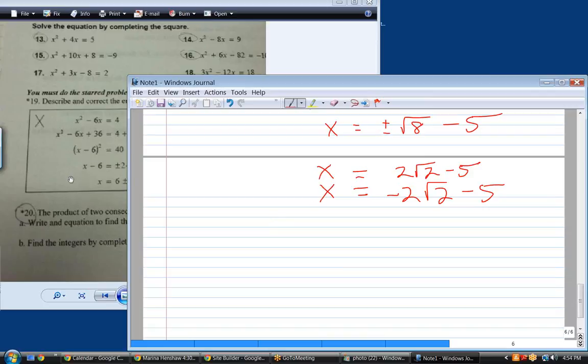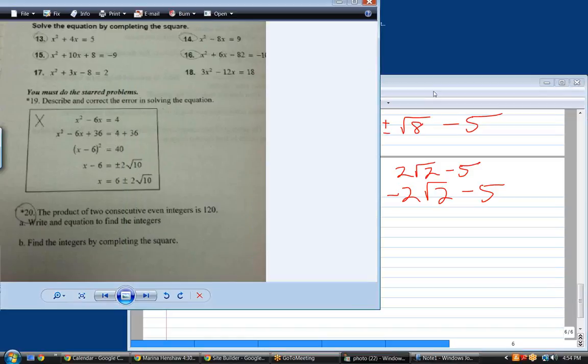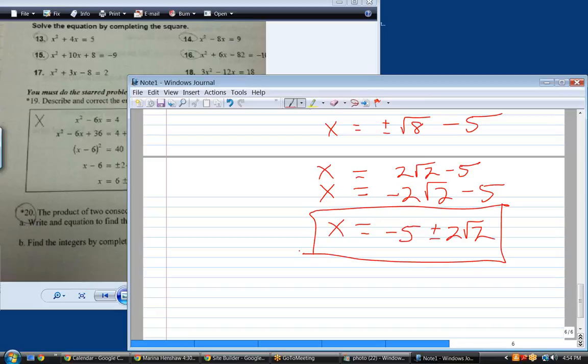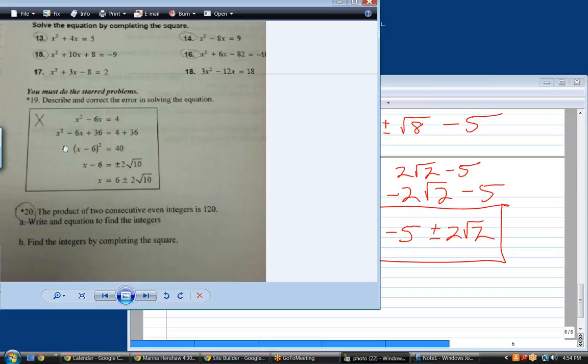And in fact, notice that the way they do it in here, they would express this as minus 5 plus or minus 2 root 2. So they would give the answer like that. Notice that they put the minus 5 in front, like they did in this example problem.